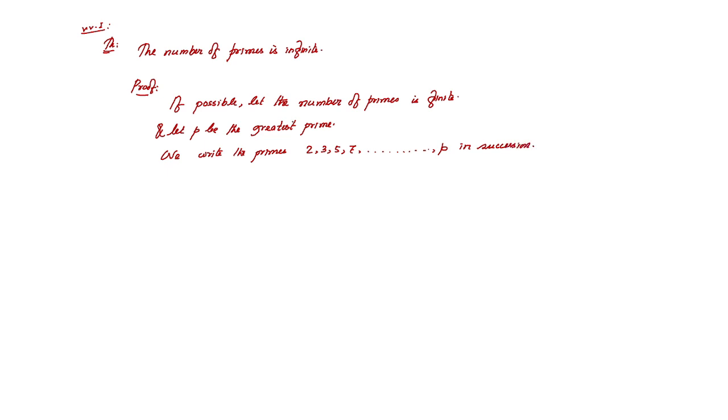Now we take the product. Let n equal the product of all the primes: 2 into 3 into 5 into 7 up to p.